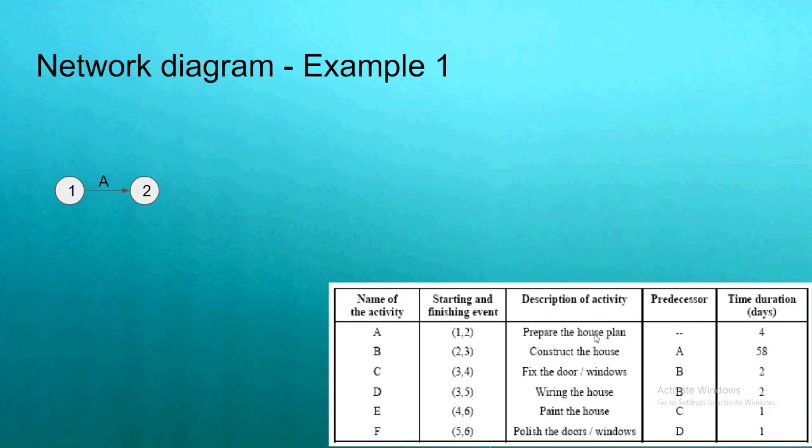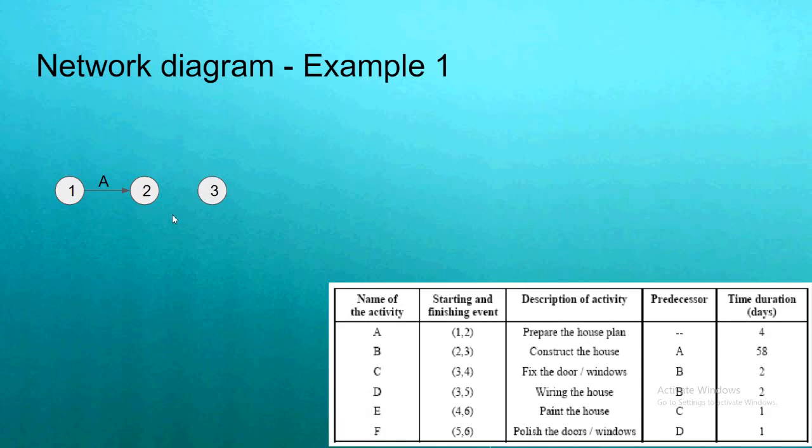So now to draw activity B, construct the house. The predecessor is A, that is, the house plan should be completed before constructing the house. So the starting point for activity B is 2 and for the end point I am using a circle with 3.